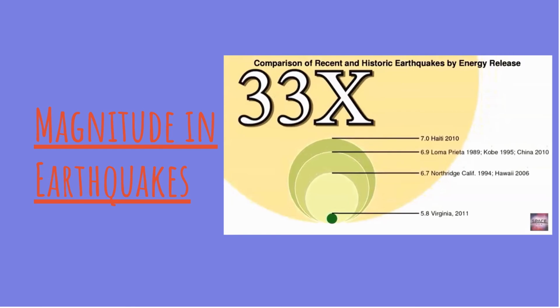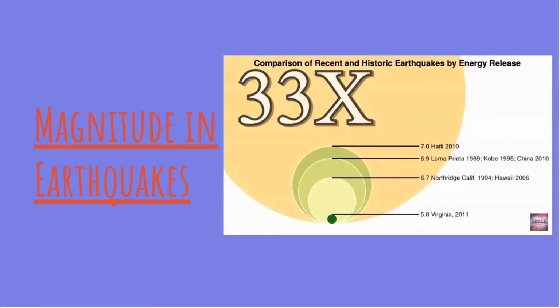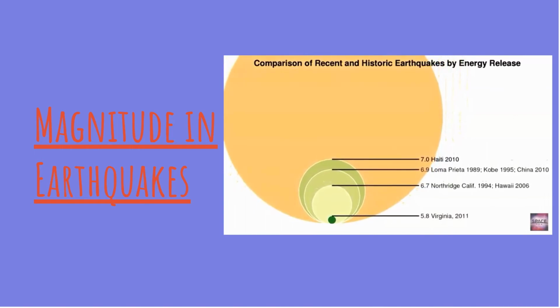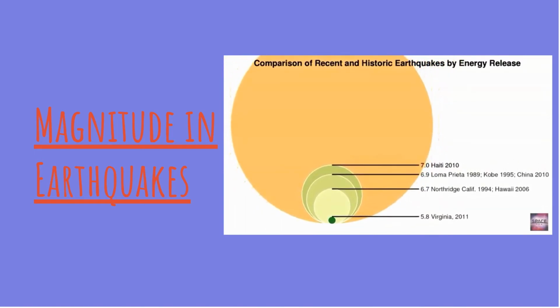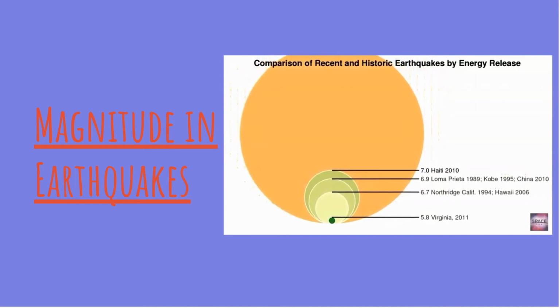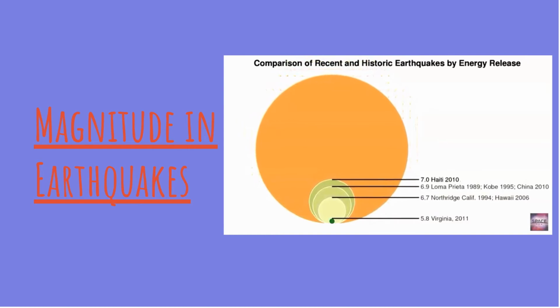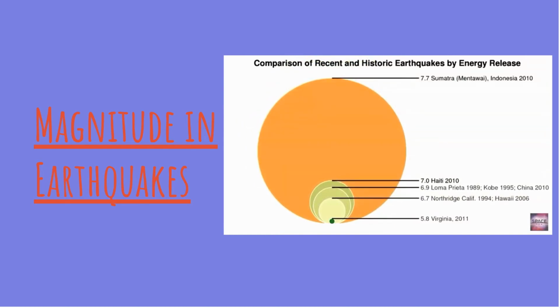Each magnitude is basically 33 times more powerful than the last. That means a magnitude 7 earthquake is 33 times more powerful than a 6. So take a look at that 5.8 Virginia quake. It looked pretty small compared to those 6.9 quakes. But compared to that 7.7 Sumatra quake, it looks tiny. And it's all because of this exponential scale.